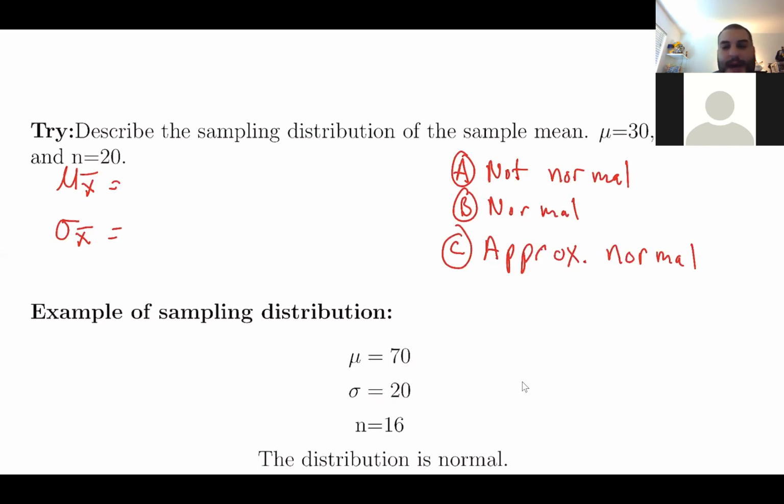So for this one, what's my mu of x bar? 30. Cool, 30. So then sigma of x bar should be 6 divided by square root of 20.